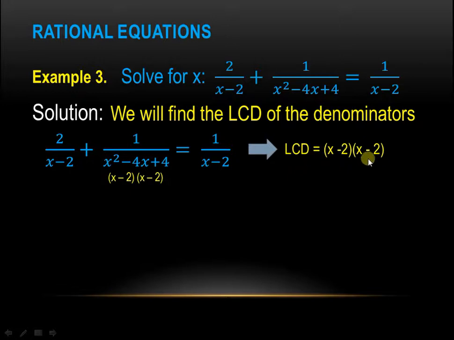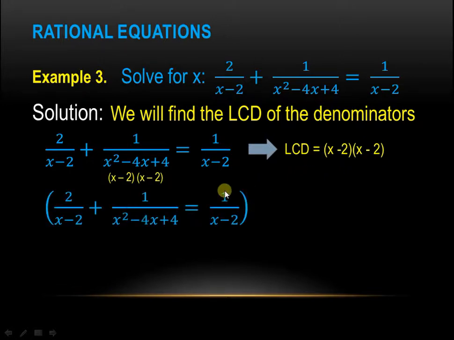What are we going to do with the LCD? What we're going to do is multiply it to the original equation. Now, if we multiply it, there are too many things that you have to do. So the technique that we're going to use is to check the denominators against the LCD.